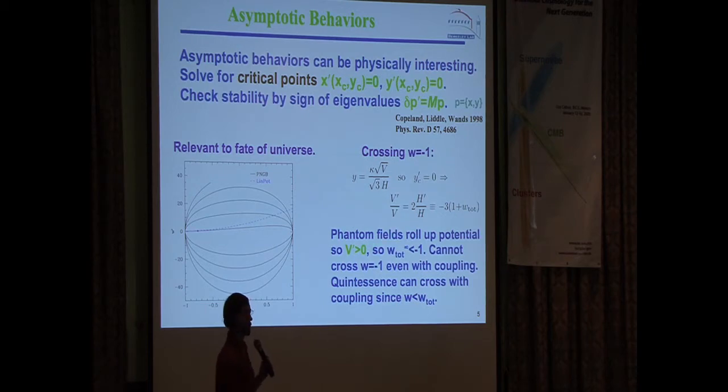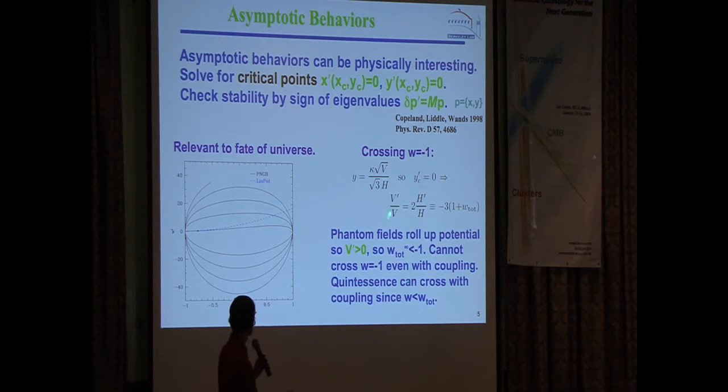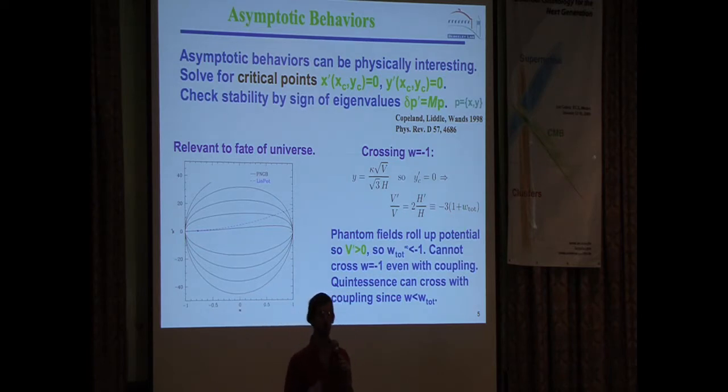A phantom field is one where you have a negative kinetic energy term, so it likes to roll uphill. So you have your potential, and it rolls up the potential instead of rolling down the potential. And so V prime is a positive quantity, and so that tells you that asymptotically, W total has to be less than minus 1. So a phantom field stays a phantom field asymptotically.